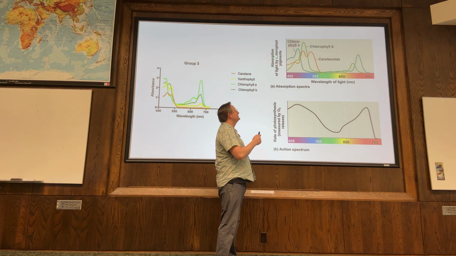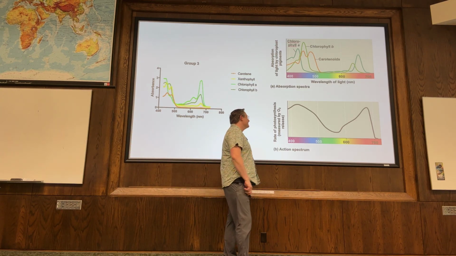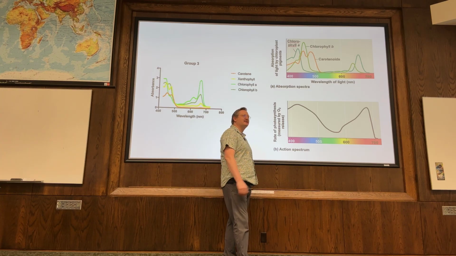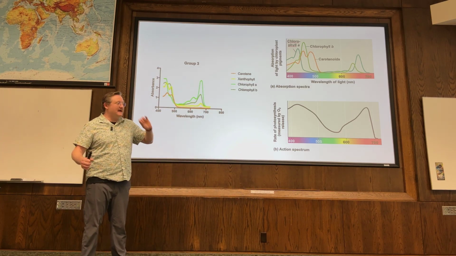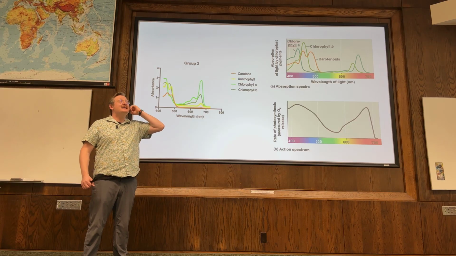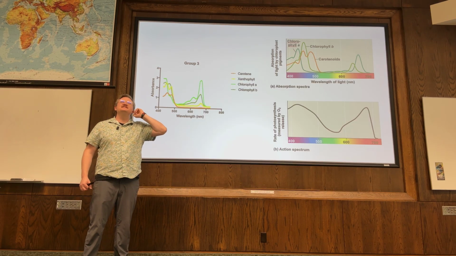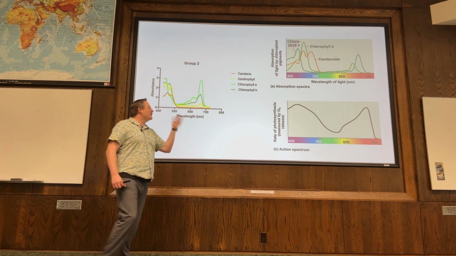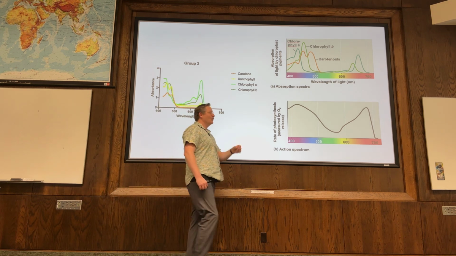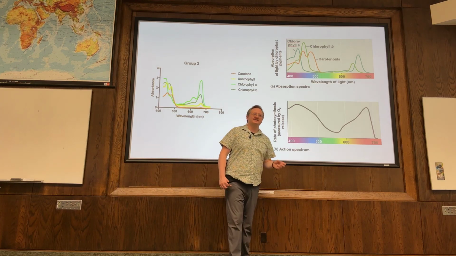Check it out right here. If you look on this figure, we've got the action spectrum, and this action spectrum is meant to represent how much photosynthesis gets driven by each wavelength of light. So in the equation for photosynthesis, one of the outputs is oxygen.